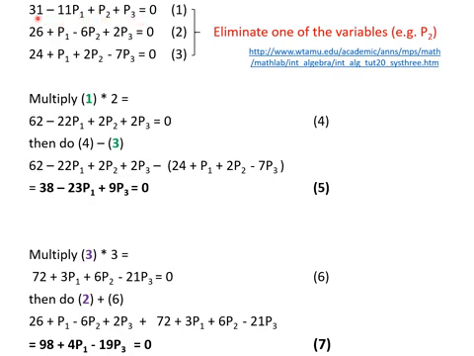So 31 times 2 gives us 62, minus 11 times 2 gives us minus 22, 1 times 2 gives us 2, 1 times 2 equals 2. And we'll name it equation 4.